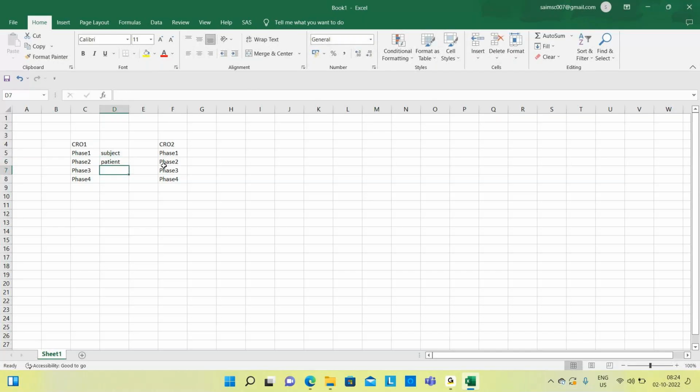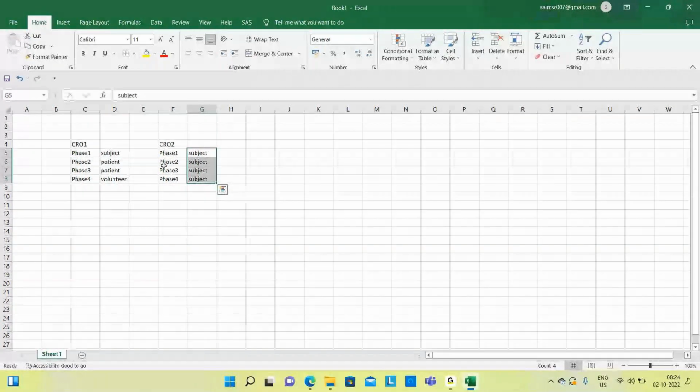Phase 4 they call them volunteer. Here in CRO2, for all the cases they call them subject. So whatever the phase it is, actually we should call it subject only, right?